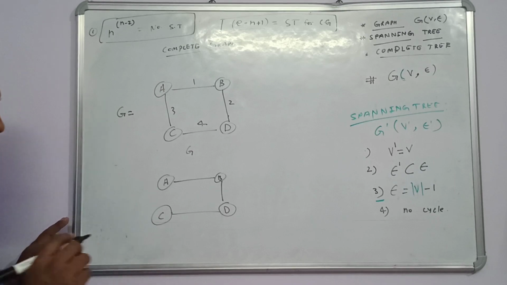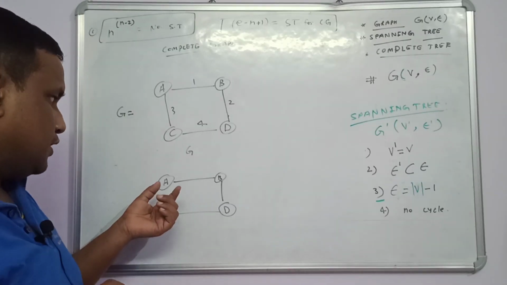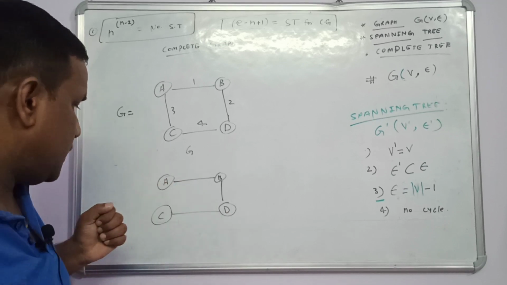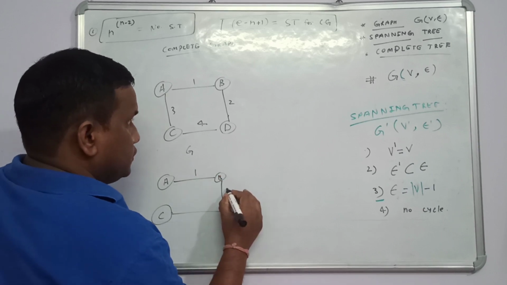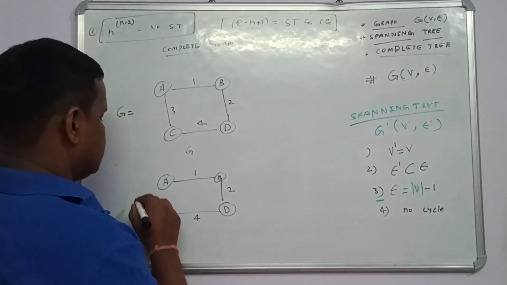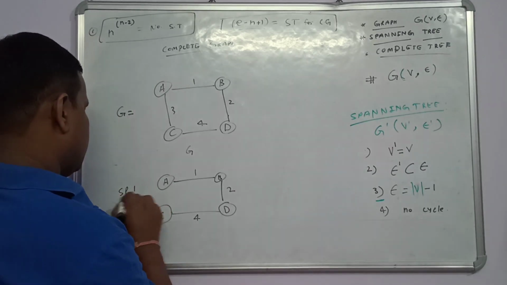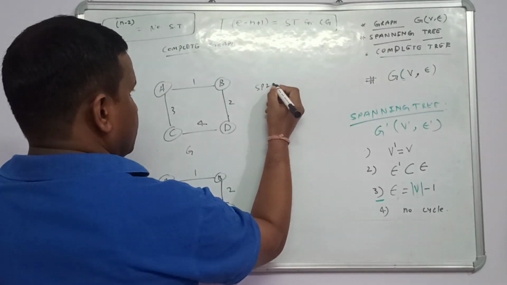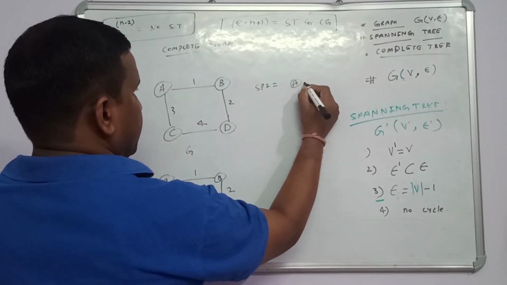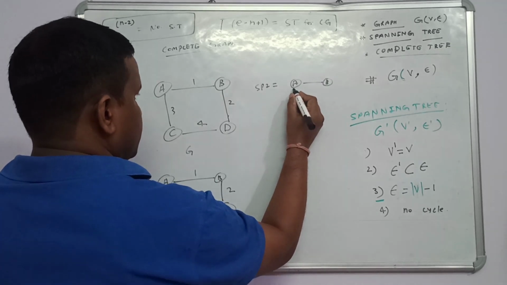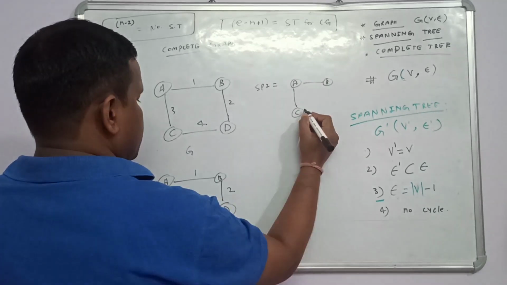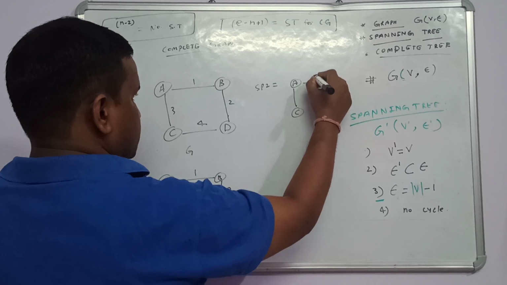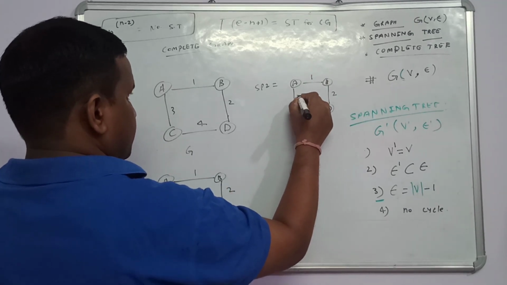One more important thing: a spanning tree cannot be disconnected, meaning you cannot leave any single node not connected to the tree. So we have 1, 2 and 4. This is one spanning tree, spanning tree 1. Second possibility, spanning tree 2: you connect A B, you connect C, you connect D. Fair enough.